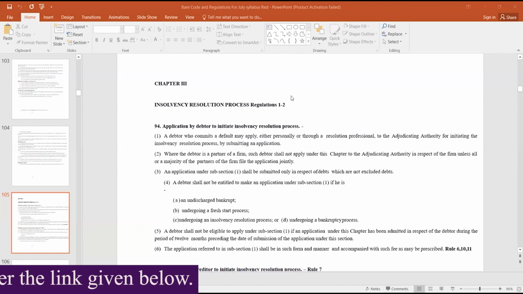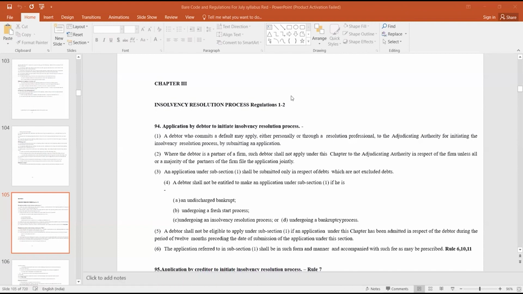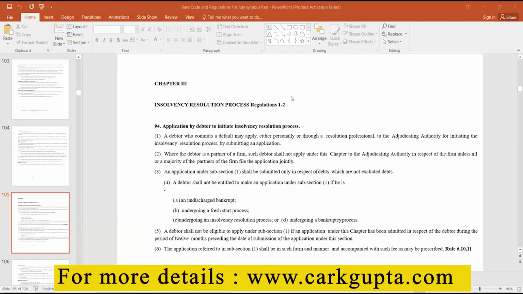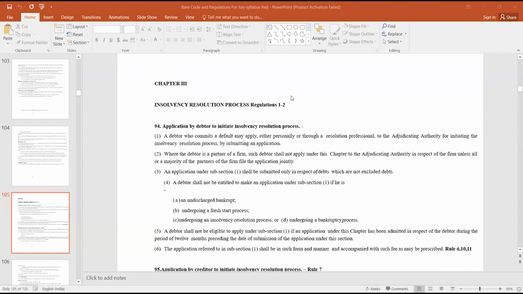So creditors, just like financial creditors, can move a joint application. And instead of liquidation, there is a bankruptcy process in case of individuals and partnership firms. There is no concept of resolution plan here, because no resolution plan can come for an individual.